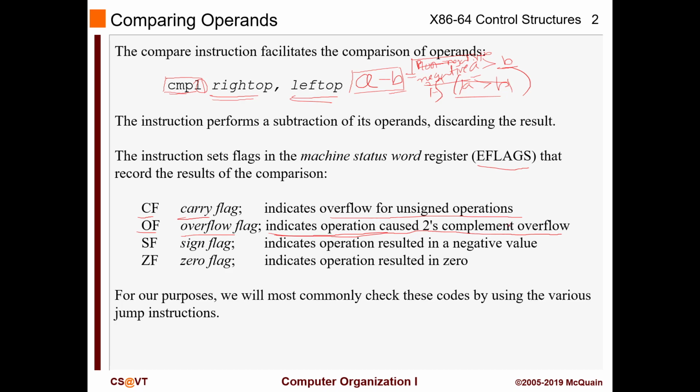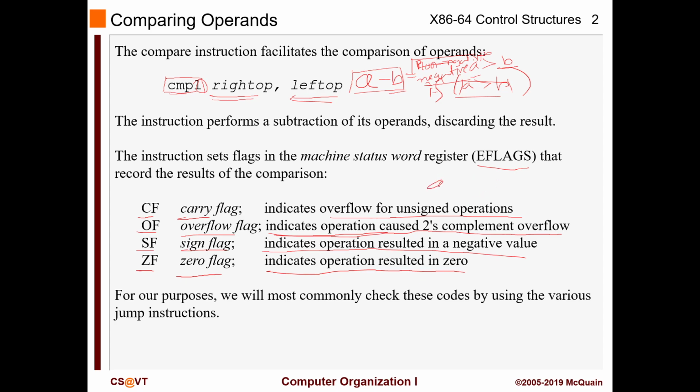Whenever you're doing a 2's complement, if there's any overflow, this one is set. SF, the sign flag, indicates the operation resulted in a negative value. If it's 1, it's a negative value. If it's 0, it's a positive value. ZF, the zero flag, indicates whether the operation resulted in a 0 or not.